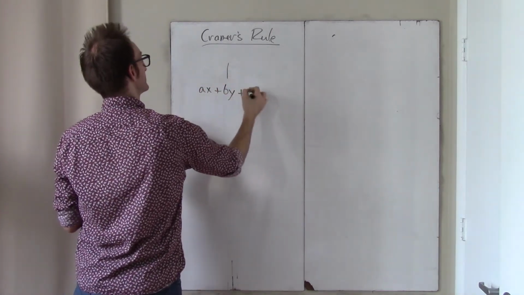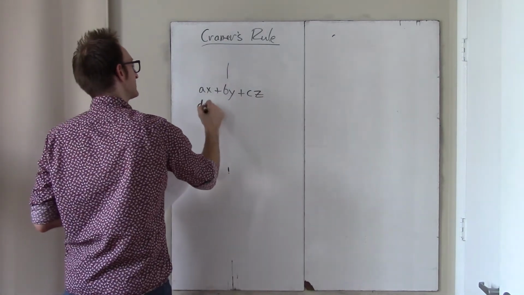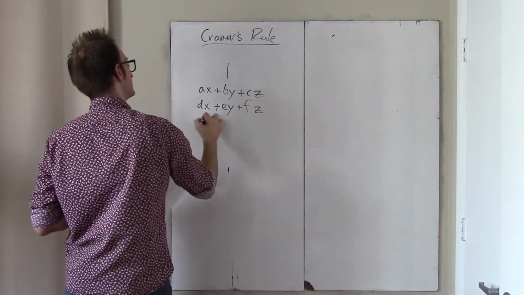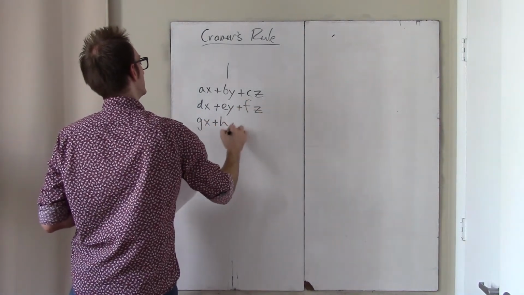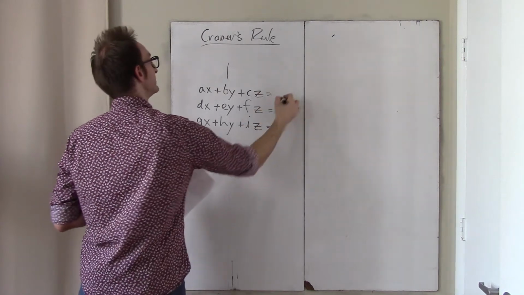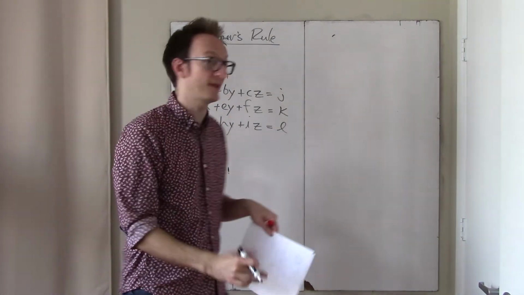If you have ax plus by plus cz, and then it's typical to go like this: d, e, f, g, h, i, and then let these be j, k, l. So suppose I wanted to solve this system of equations in general.